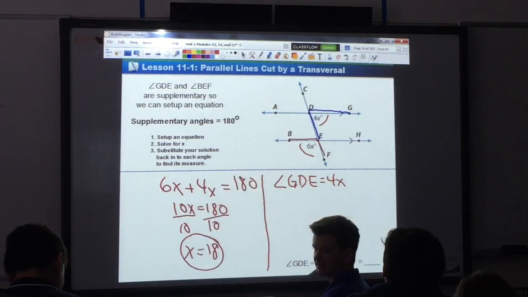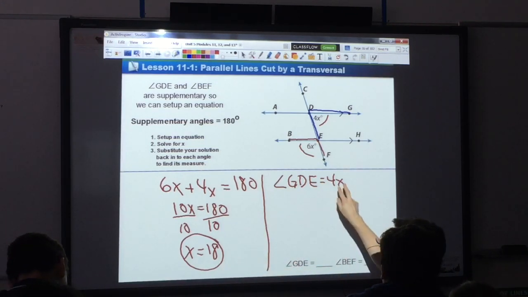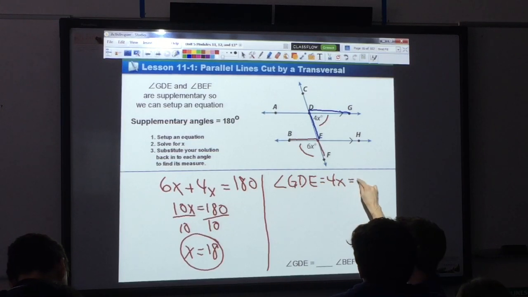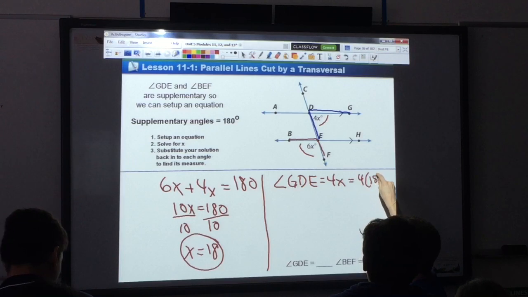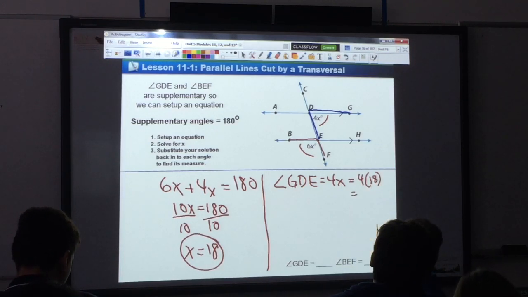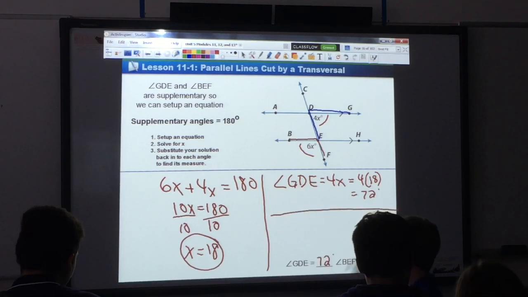Instead of 4x, I substitute in the 18, so it's going to be 4 times 18. What is 4 times 18? Well, let's do a smaller problem. What's 4 times 72? Good job. So that's going to give me 72 degrees. So GDE is 72 degrees.